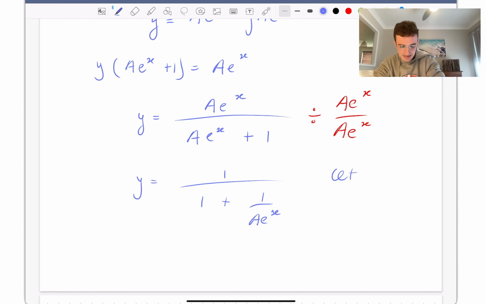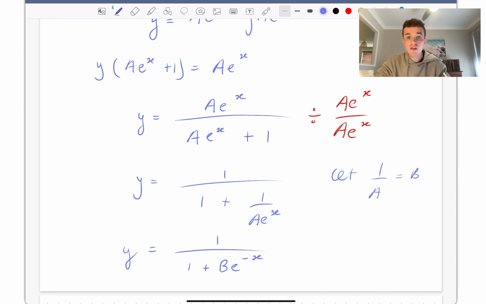Now we might let 1 on a equal b. And 1 on e to the x is e to the minus x. So this is 1 over 1 plus b e to the minus x. And that's another way of doing that.